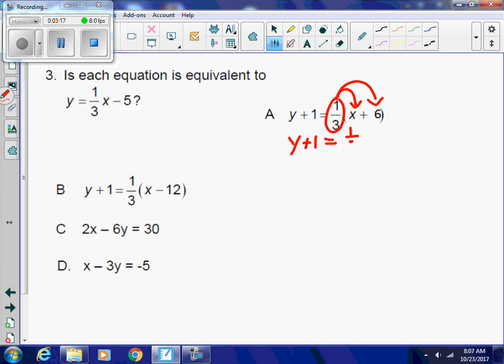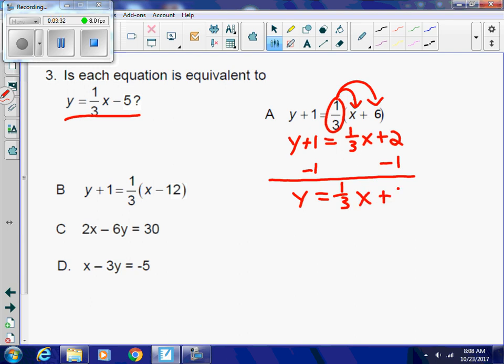Okay, we have 1/3 x plus 2. And we want it in slope-intercept form, so I want to subtract a 1, subtract a 1. This is going to say y equals 1/3 x plus 1. No, it does not match, so the answer to A is no.